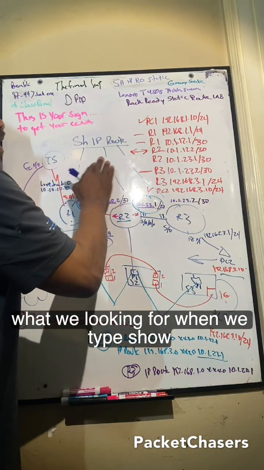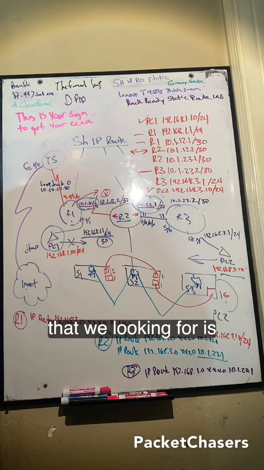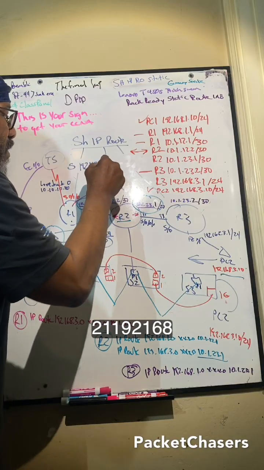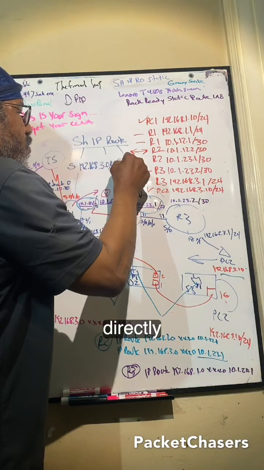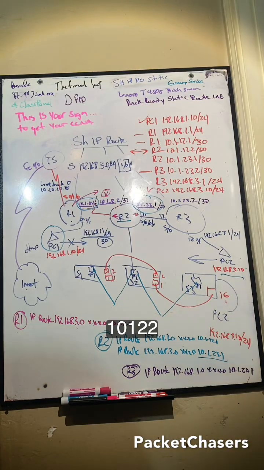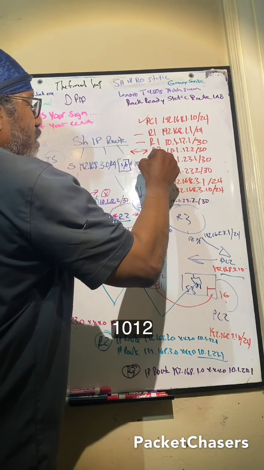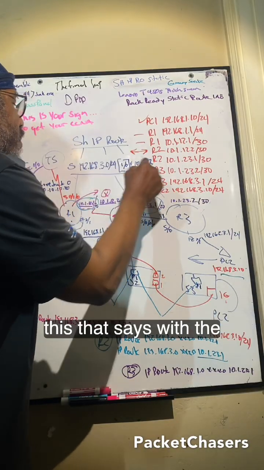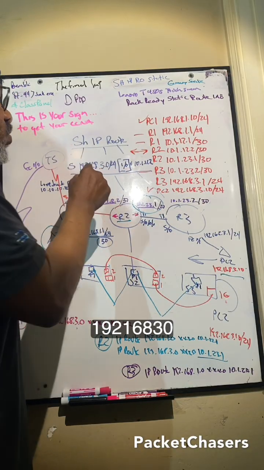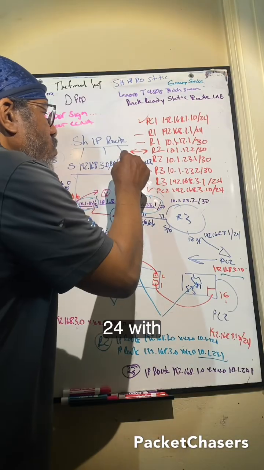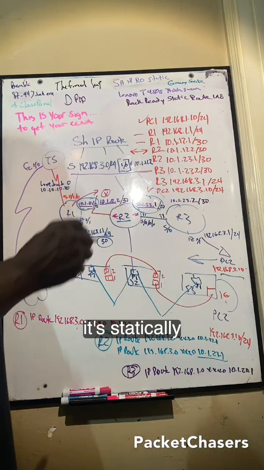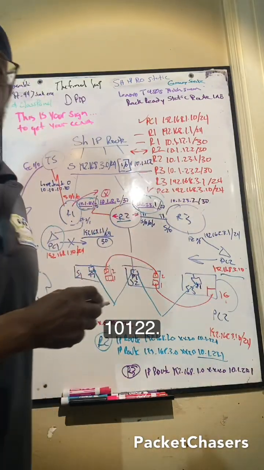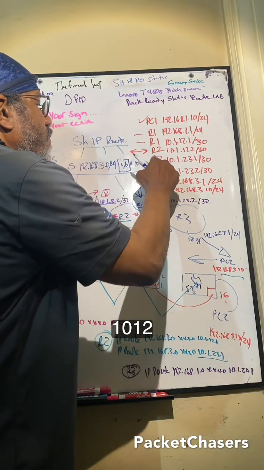What we're looking for is a static route, with an S, to 192.168.3.0/24 with a 1/0 in there, meaning it's statically connected via 10.1.12.2.